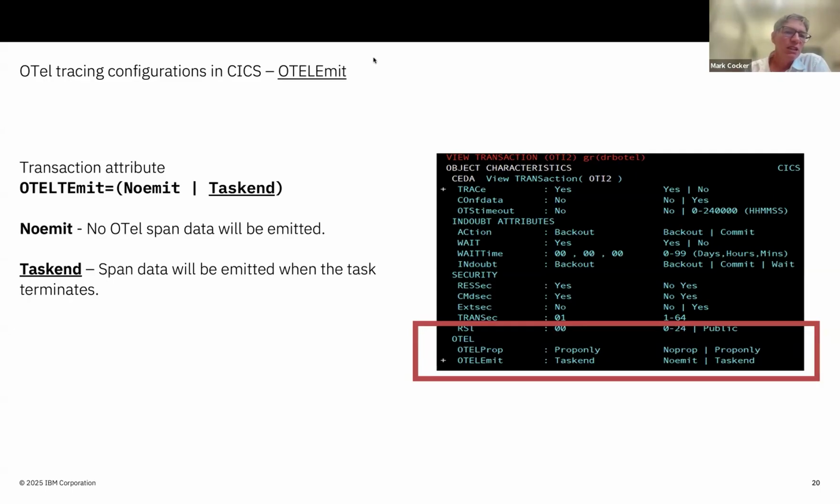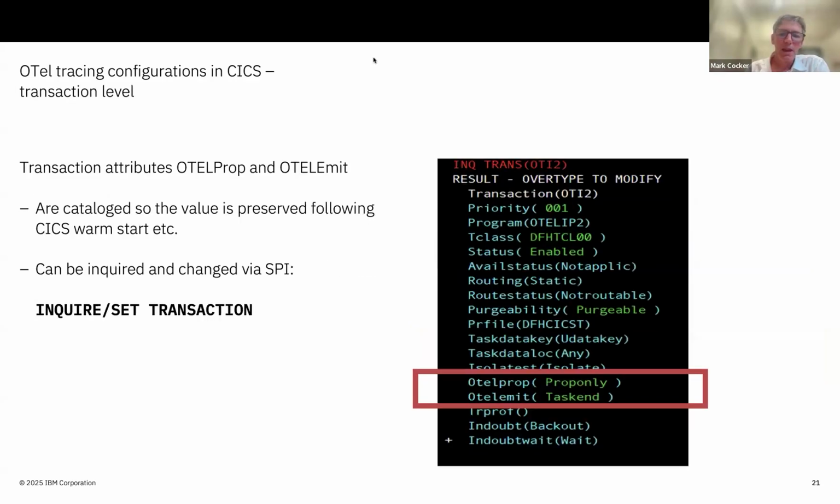By setting that at task end, that means that at the end of the task that's processing the request, we will emit one OpenTelemetry span record for that task, summarizing when it started, when it ended, did it abend, and other information about its status to allow you to potentially follow up if there are problems. And then, of course, there's an inquire associated with that, so you can understand what those settings are.